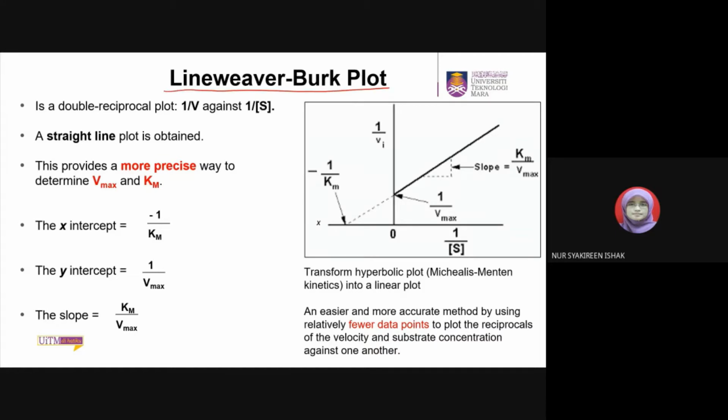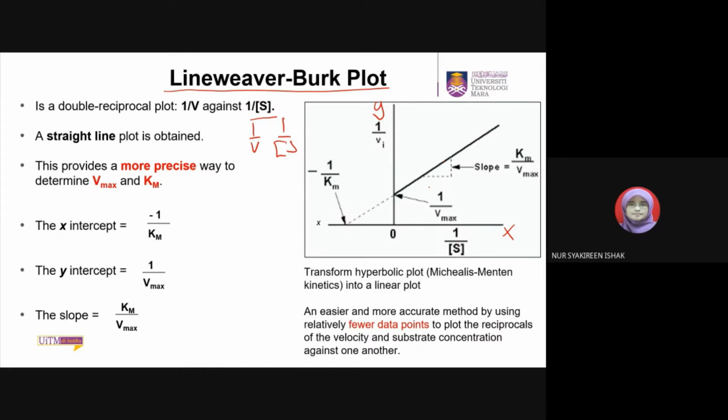A Lineweaver-Burk plot is when you take all the values from the previous graph and take their reciprocals. It is a double reciprocal plot, where you take 1 over the values for velocity and also substrate concentration. So at the y-axis it is 1 over v, and at the x-axis it is 1 over substrate concentration.